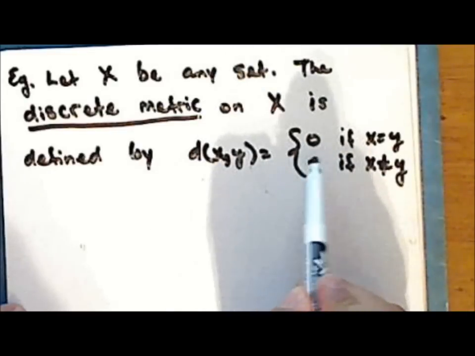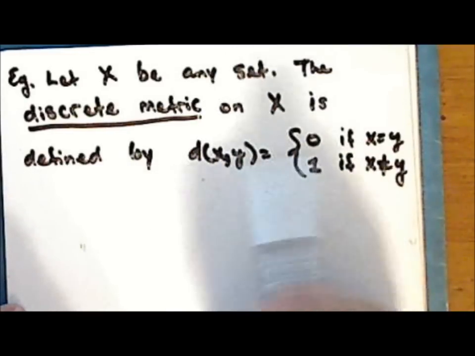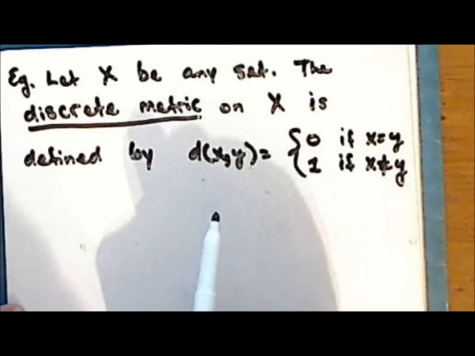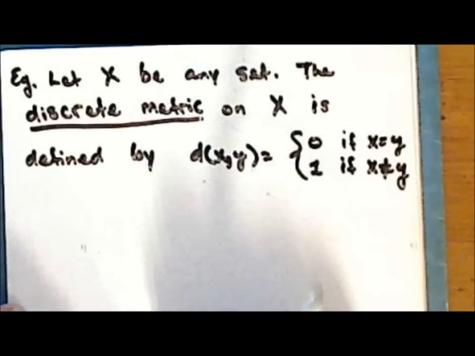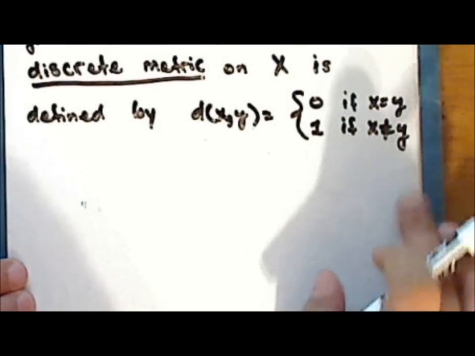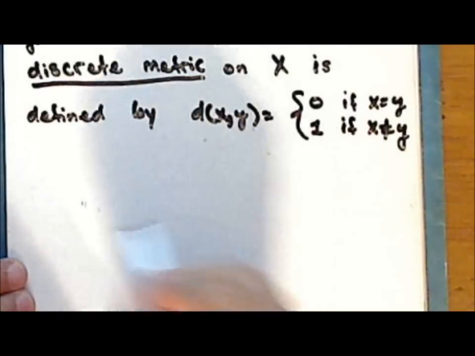Very clearly, by the definition, the distance is 0 if and only if x is equal to y. And very clearly, we have symmetry: d(x,y) is the same as d(y,x). So we now need to show that this function satisfies the triangle inequality.